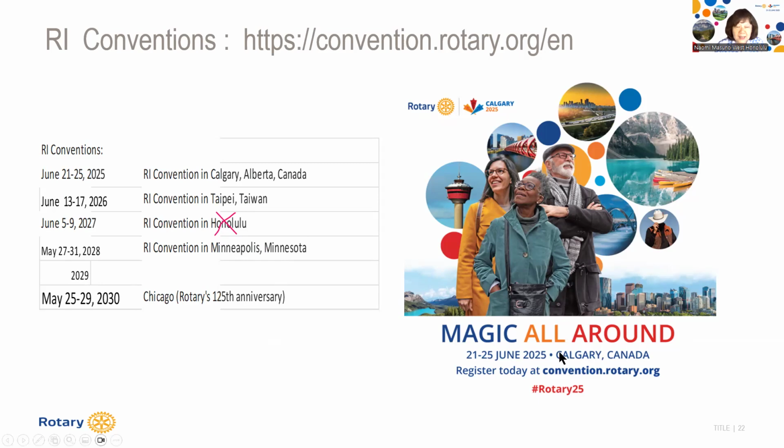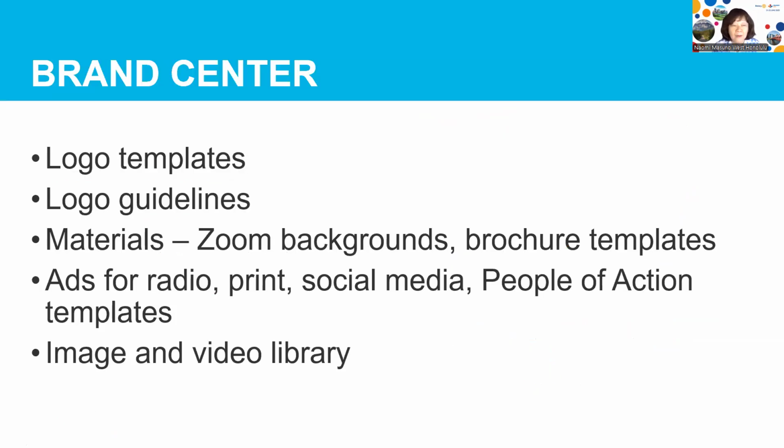Honolulu, unless the state does something with the convention center, we may not have the convention in Honolulu in 2027. But 2030 is going to be in Chicago for the 125th anniversary. So I really encourage you to go to the conventions because there's a lot of good information at the conventions, and you can learn about different projects happening all around the world.